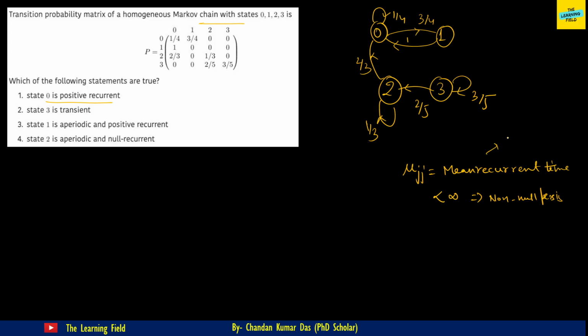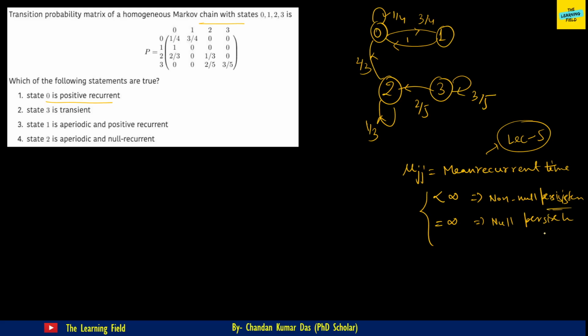See my lecture number, I think Markov chain lecture number 5 or 4. In my Markov chain lecture series, I already discussed these things very nicely. So you can check these lectures or the complete lecture series of Markov chain. Non-null persistent. Okay. And if mu jj equals infinity, then this is called null persistent.